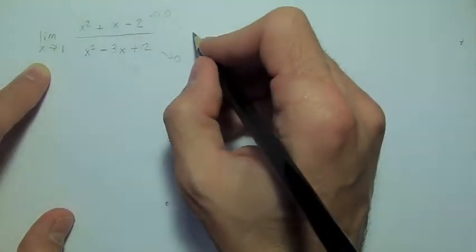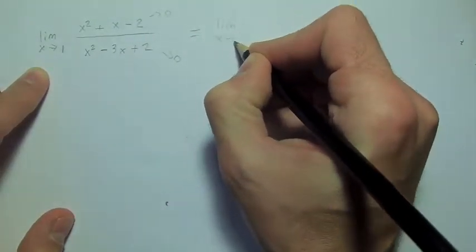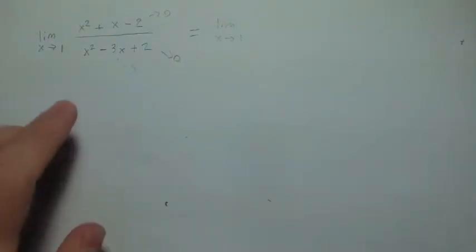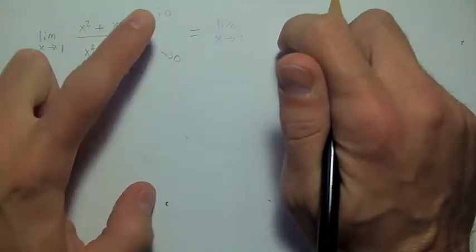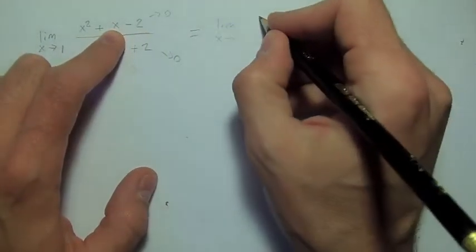Okay. So therefore, I'm going to want to try one of my other options since we have a 0 over 0 case. Our first strategy here is to try and factor and cancel. So the numerator here should factor. I would want factors of negative 2 that sum up to be 1.